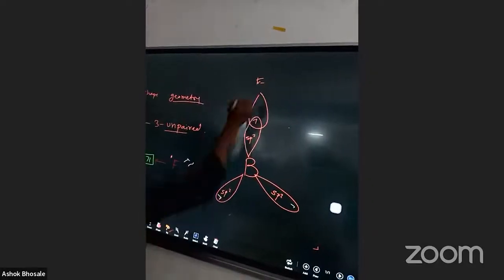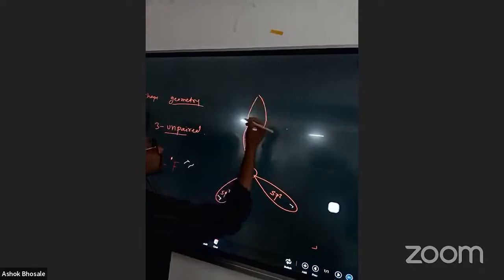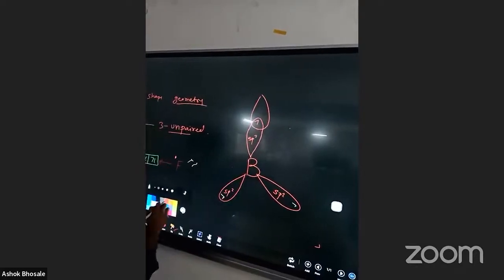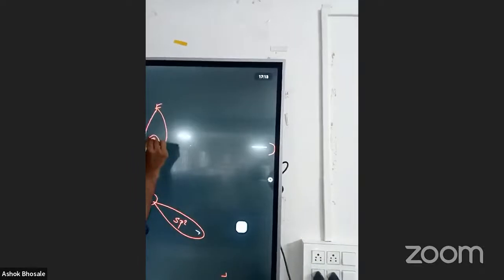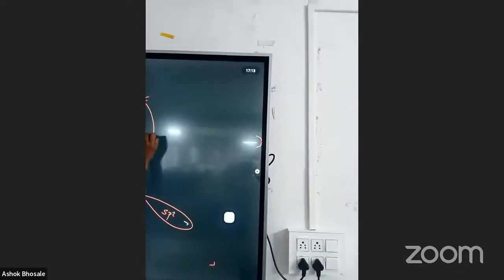These fluorine atoms having orbitals, and also the fluorine atom's one unpaired electron. This orbital, this electron from the boron atom and one electron from the fluorine atom.